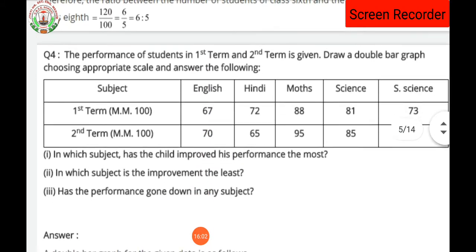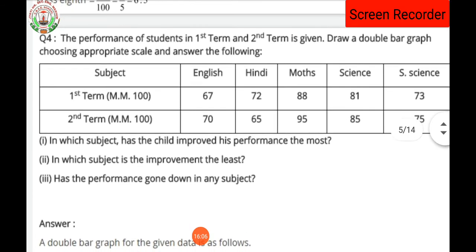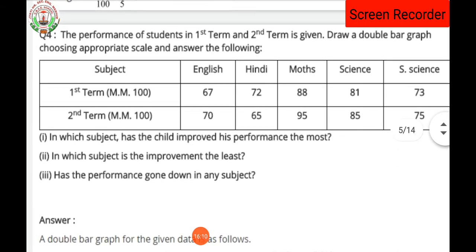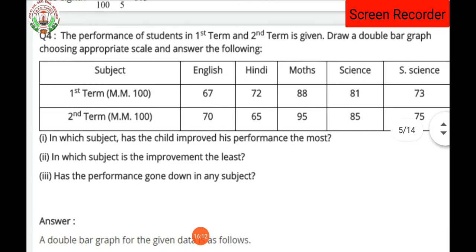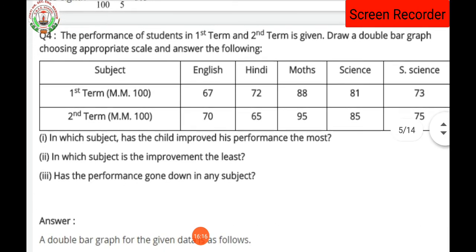So this is the completion of the answer to question number 5. Now question number 4. The performance of students in the first term and second term is given. Draw a double bar graph choosing an appropriate scale and answer the following.